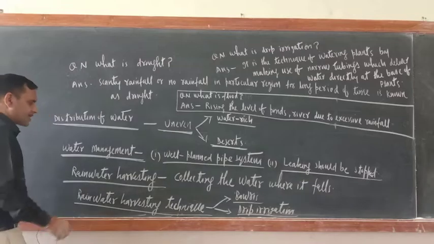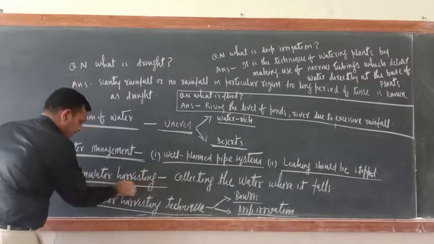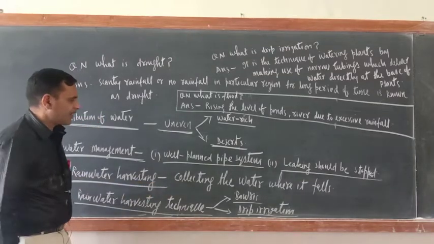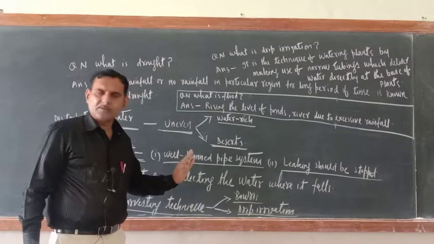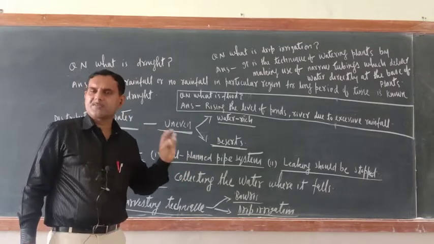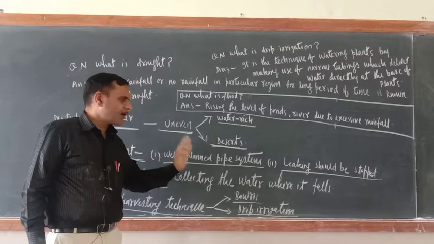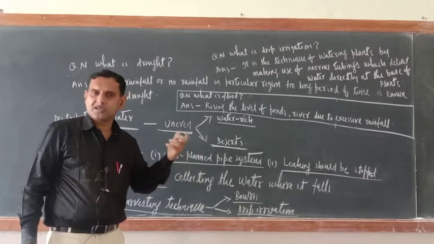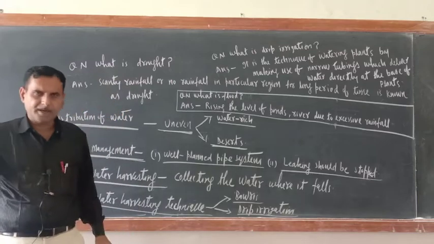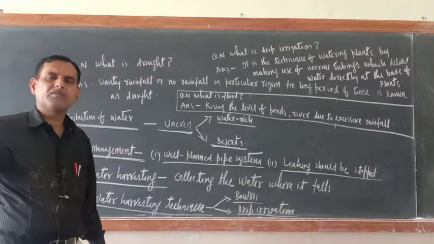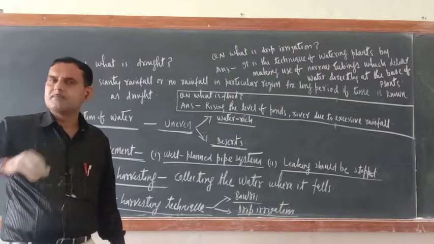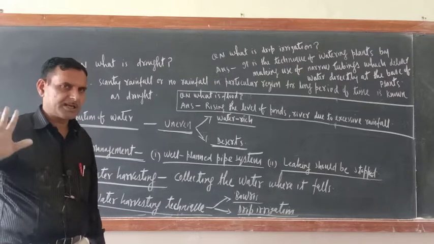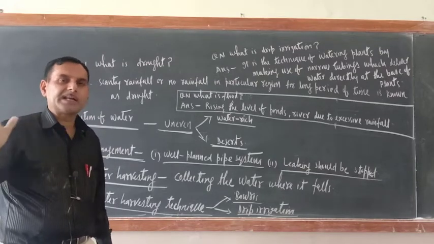Another thing is rainwater harvesting. What is the meaning of rainwater harvesting? Rainwater harvesting is collecting the water where it falls, catching the water where it falls. You know that a lot of rainwater is going in vain, going waste, because we are not collecting it.